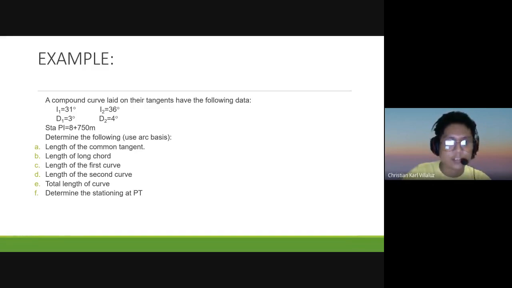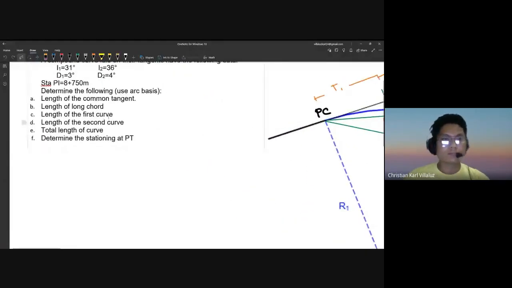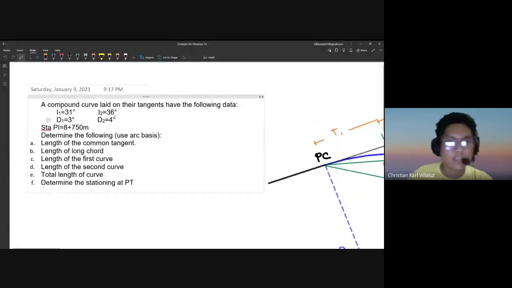So, let's start answering this problem. Okay? Compound curve laid on the tangents have the following data. I1 31 degrees, I2 36 degrees, T1 3 degrees, T2 4 degrees.